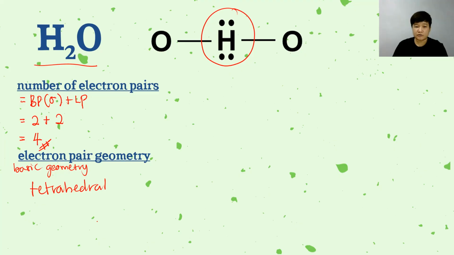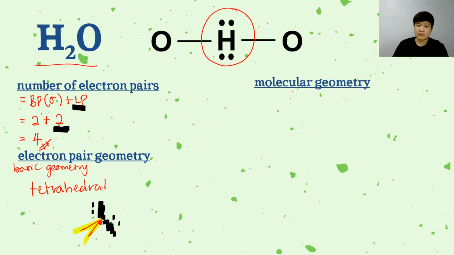You can sketch out your tetrahedral first. Tetrahedral looks something like this. But you have 2 lone pair over here. So 2 of the bonding need to be replaced with a lone pair. And what is the shape formed right now? Can you see the V shape? The molecular geometry of water will become a V shape. Why?